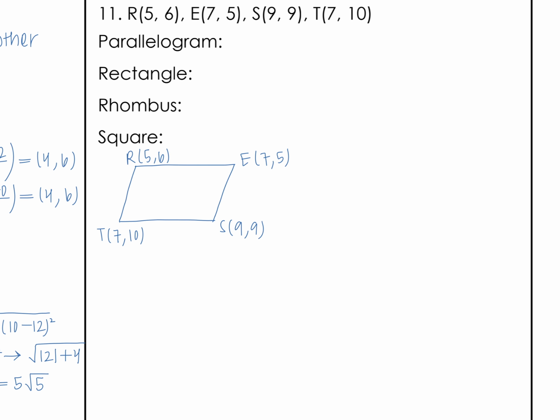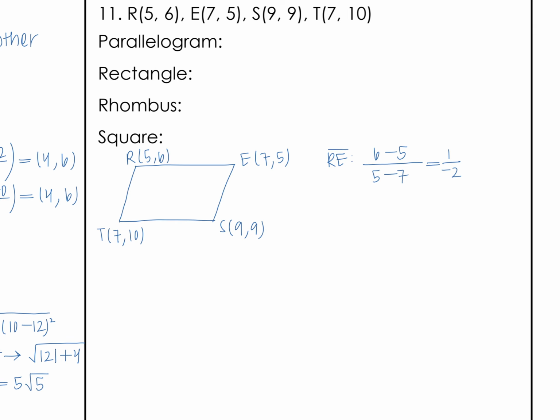I'm going to go back into my slopes like I did in the first one. So I'm going to start by finding the slope of RE. Okay, so my slope for RE will have 6 minus 5, and then 5 minus 7. So 6 minus 5 is going to give me 1 over, and then that 5 minus 7 gives me negative 2.